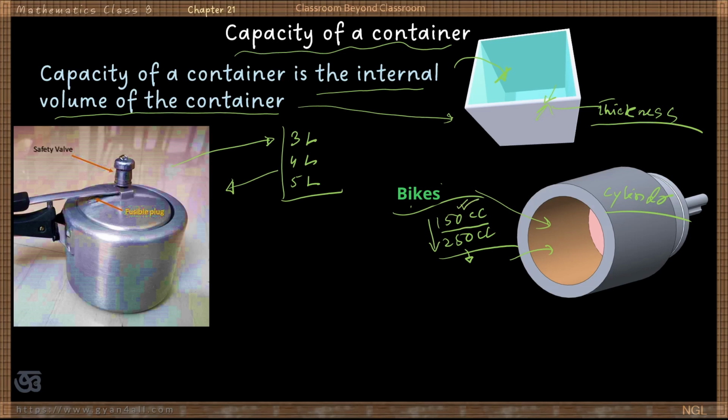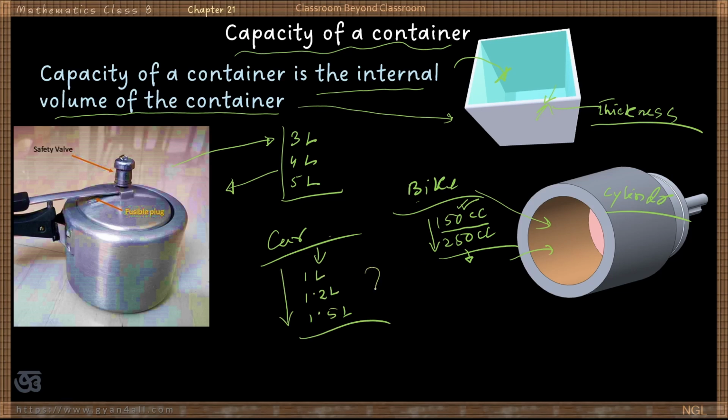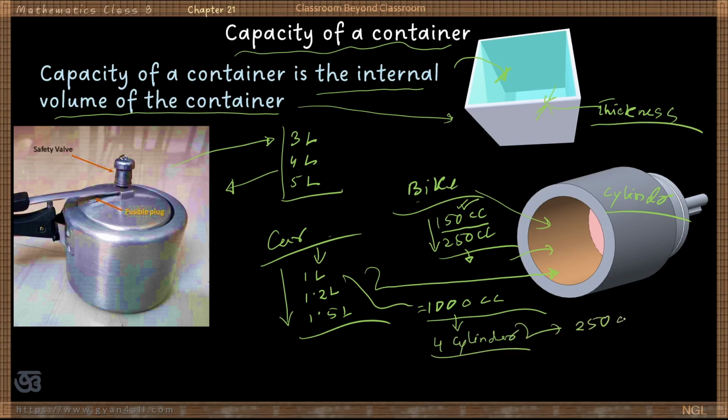Here cc means cubic centimeter. If the cc is more, then the power of the engine is also more. Now in case of a car also the capacity is written like 1 liter, 1.2 liter, 1.5 liter, etc. And these are also the cubic capacity or cubic centimeter of the cylinder of the engine. 1 liter is equal to 1000 cc, and generally in a car there are 4 cylinders, and each cylinder is of capacity 250 cc, and the total capacity becomes 1000 cc.